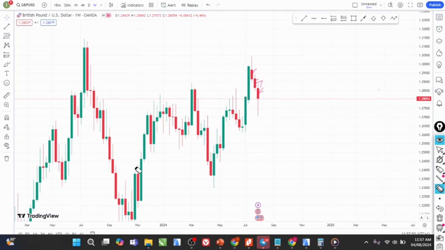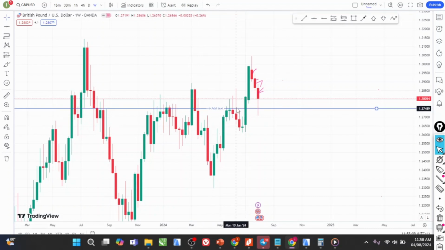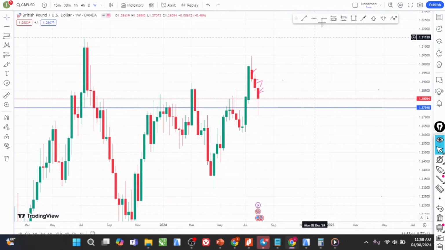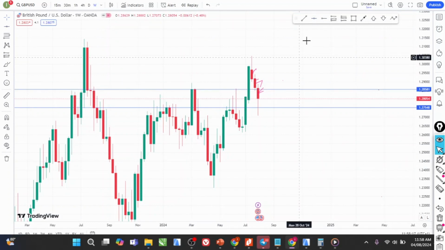You understand? So now what we are going to do is start by marking out our zones, our key levels. I pick the horizontal line and identify the level here. Okay, there's another one here. There's another one here.